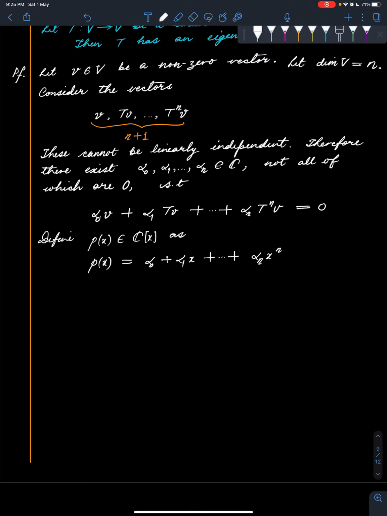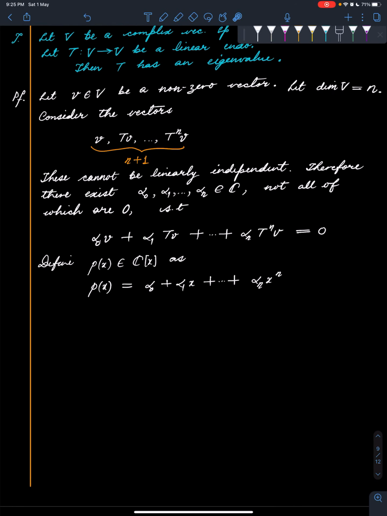And this is a non-zero polynomial because not all of them are 0. In fact, this is a non-constant polynomial. Note that P(x) is non-constant.